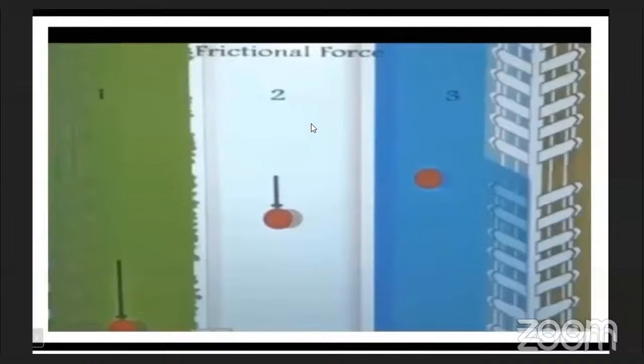So we can conclude that an object in motion stops due to the presence of a force, not due to the absence of a force. The force over here was the frictional force, which made the ball stop.